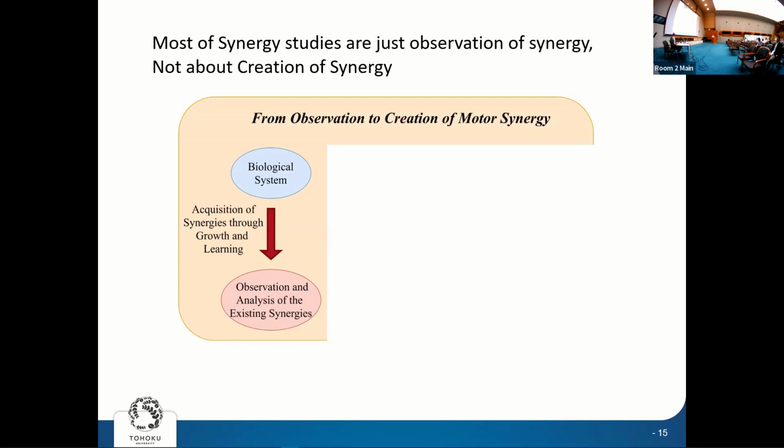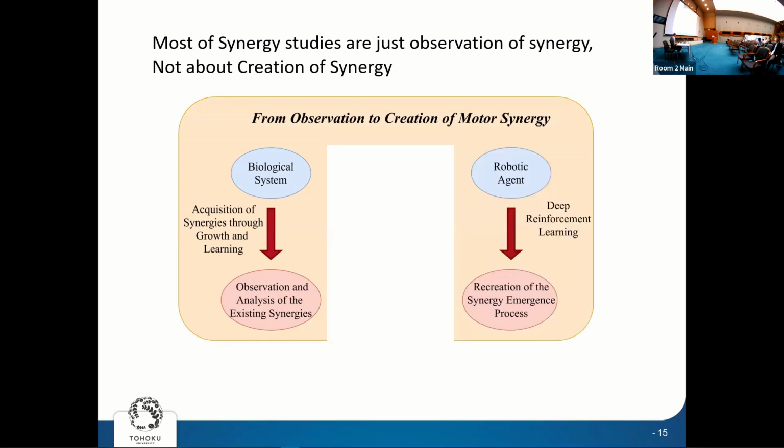In this way, we can find the computational principle behind human motor control. In this talk, I show some examples, not of everything, but we try to reproduce how synergy emerges through deep reinforcement learning.